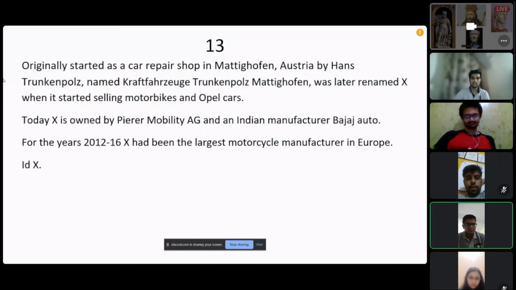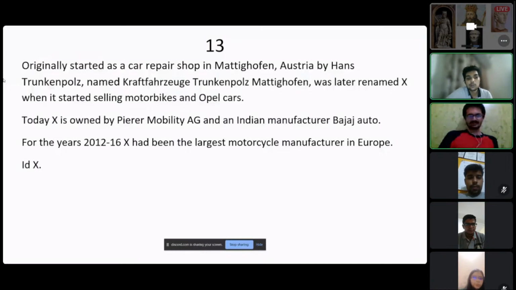Originally started as a car repair shop in Mattighofen, Austria, named Kraft Fahrzeuge Trunkenpolz, it was later renamed X when it started in motorbikes and Opel cars. Today, X is owned by Pierer Mobility AG and the Indian manufacturer Bajaj.